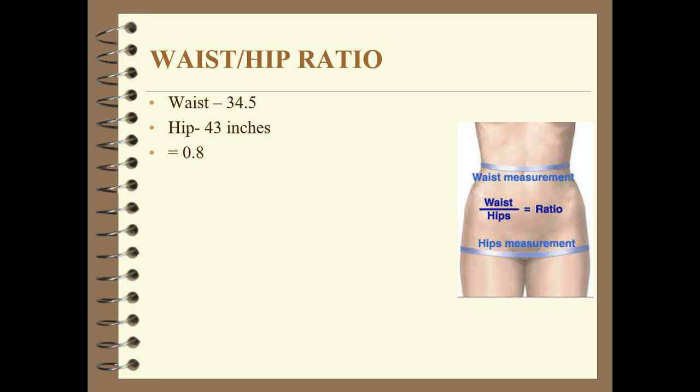How you would find the waist-hip ratio is to divide, as you can see in the corner over here, the waist, the 34.5 inches, by 43, and that would give you the decimal of 0.8.